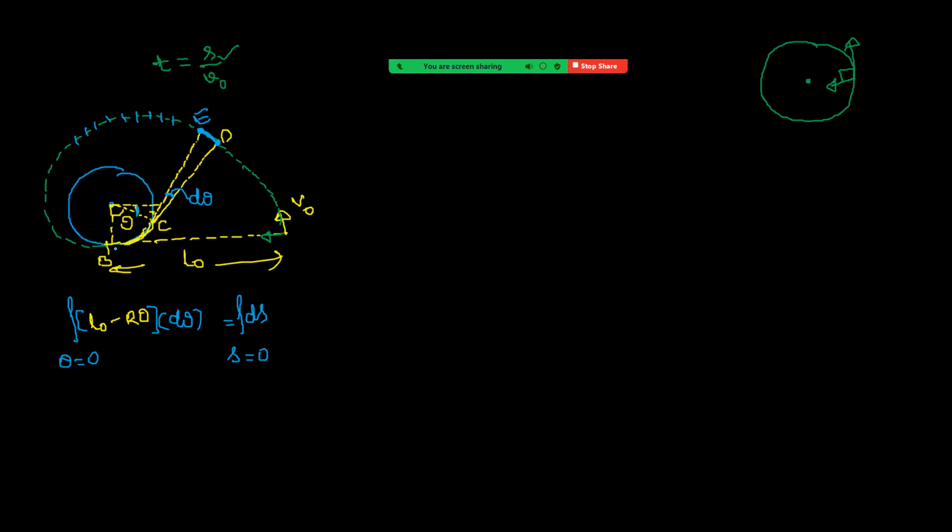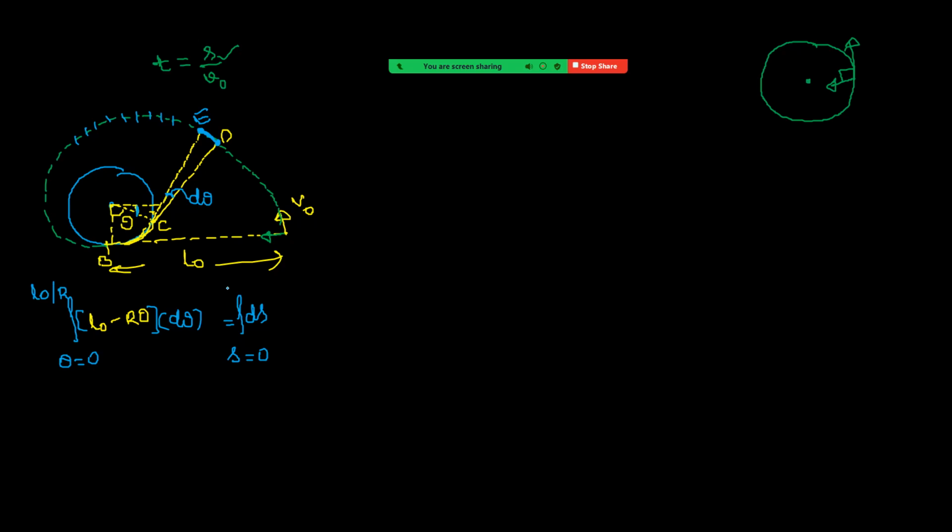That angle will be, since this length is L naught, equal to L naught by R. For example, L naught equal to 2 pi R. Then this theta becomes 2 pi. That means when this completes one round, it will touch. Okay. So it is 0 to L naught by R.